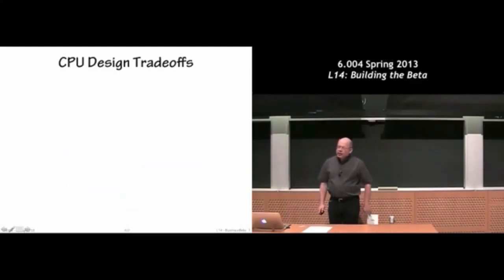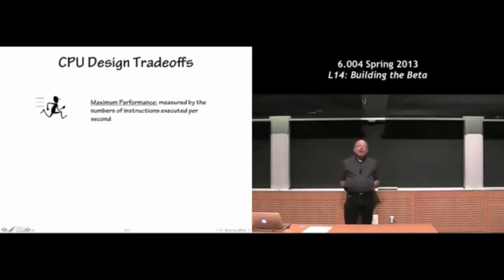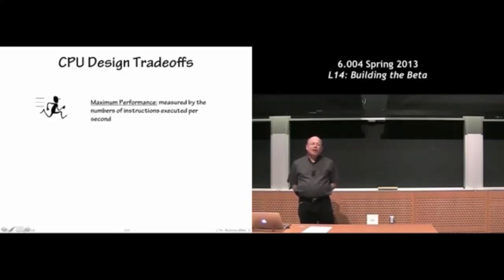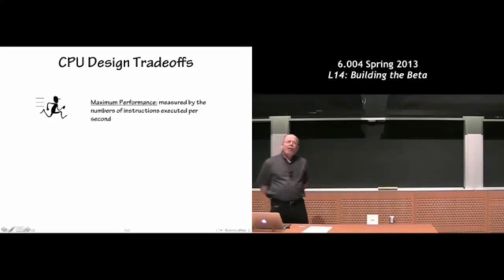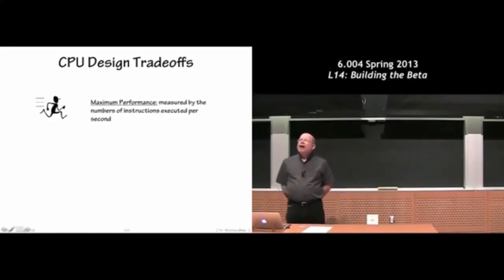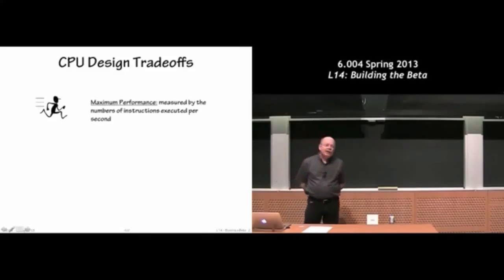Whenever you're doing a digital design, you have to think a little bit about what your goals are. And in addition to functionality, in other words, making sure in our particular case that we can execute all the different instructions in our instruction set, that the hardware has all the capabilities needed to do that, we also might want to ask ourselves what other goals a design would achieve. In typical engineering team conversations, we first talk about trying to build something that has high performance.